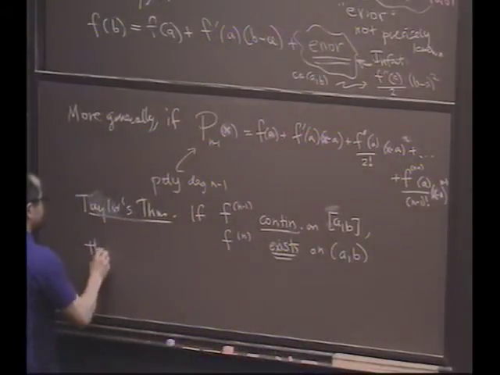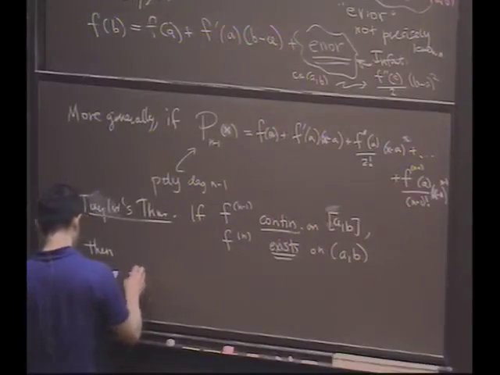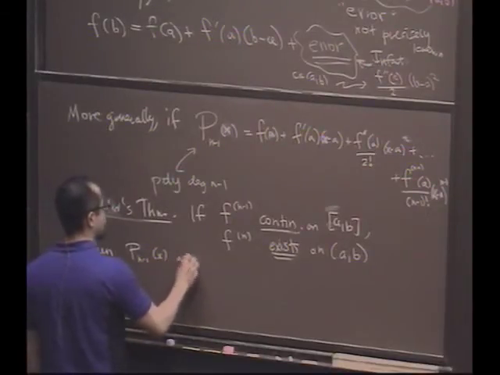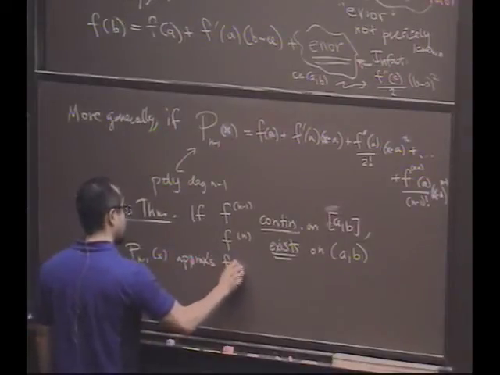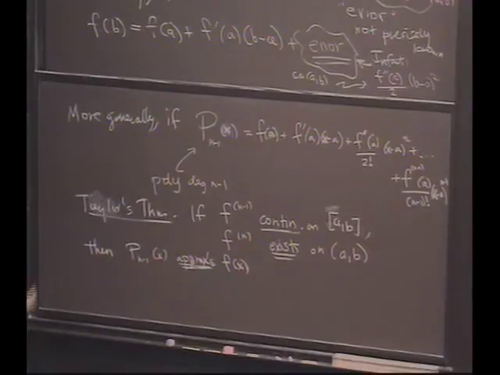Then, something amazing is true. First of all, P n-1 is a polynomial, so it approximates f of x. In fact, it's going to be an excellent polynomial approximation.